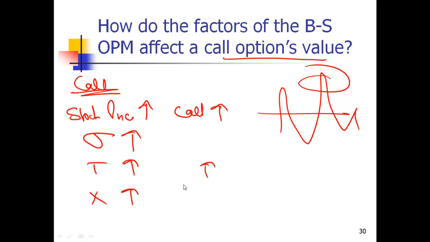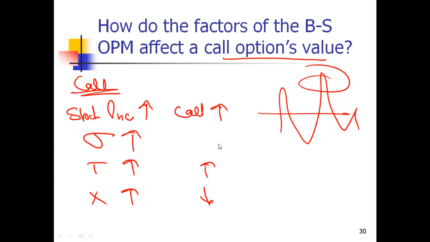What will decrease and why? If the strike price is higher, the value of the call option would be less, because the right to buy at a higher price is less valuable.